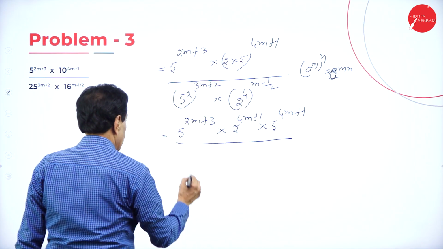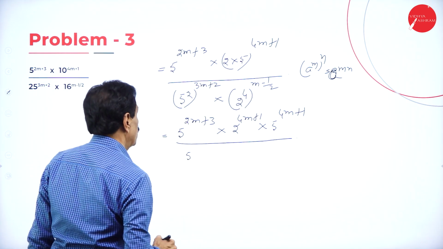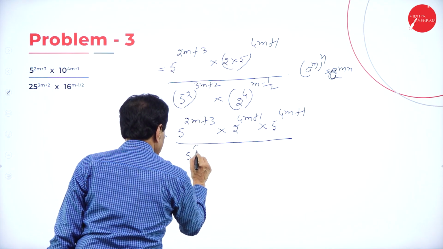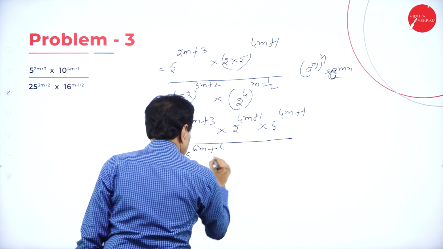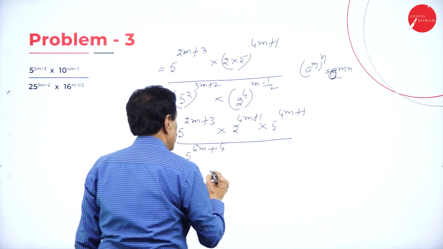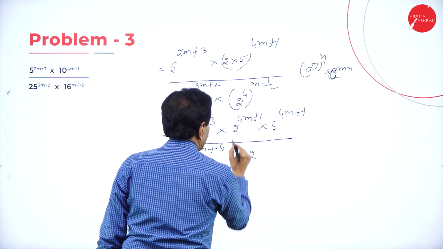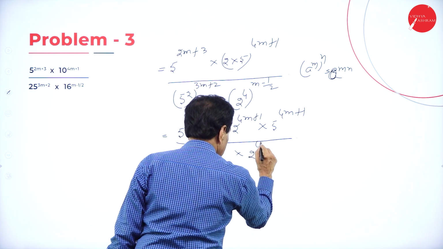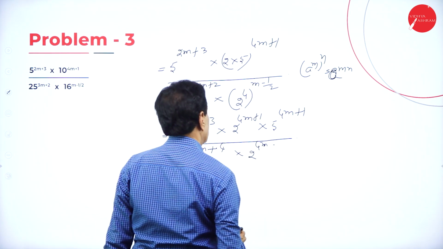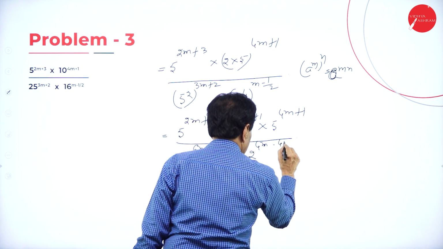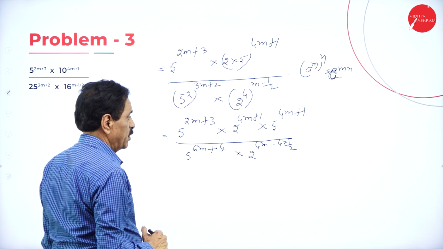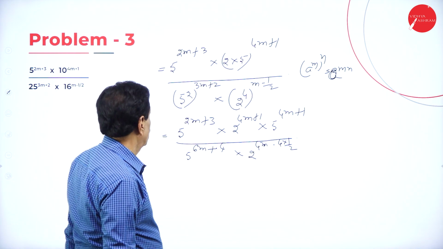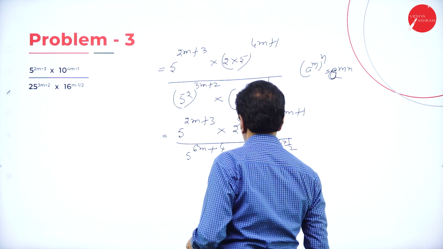Come back here. a to the power of m to the power of n. 2 3s are 6m. 2 2s are 4. This is multiplied by 4. 2 to the 4 into m, 4m minus 4 into half. This is minus 2. Take down to this.